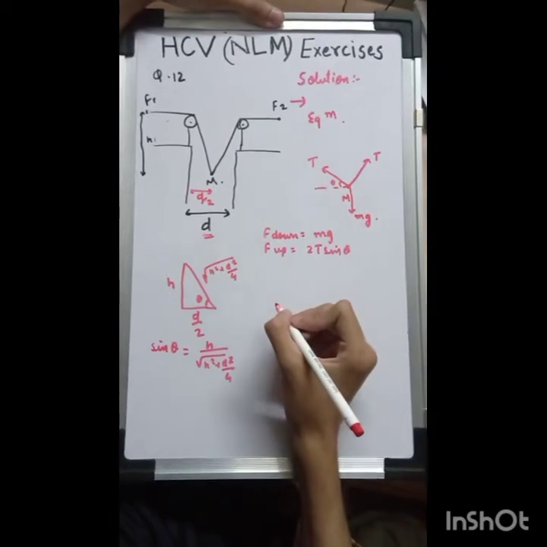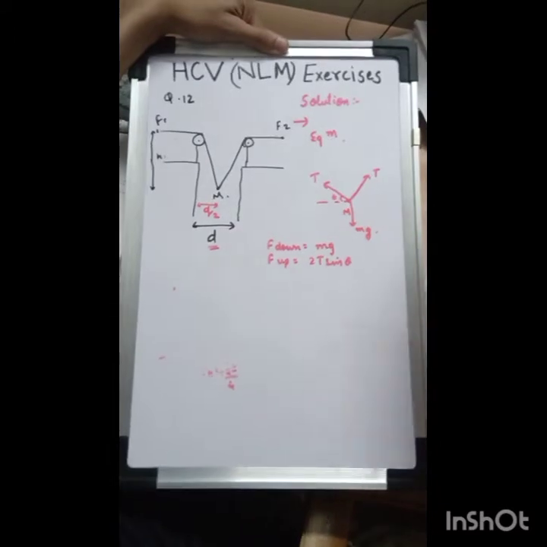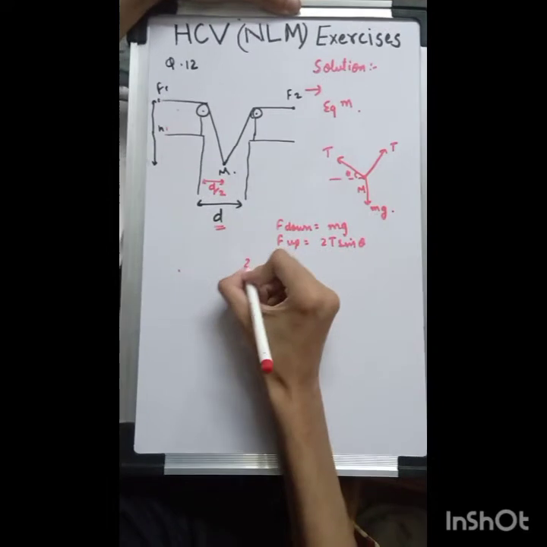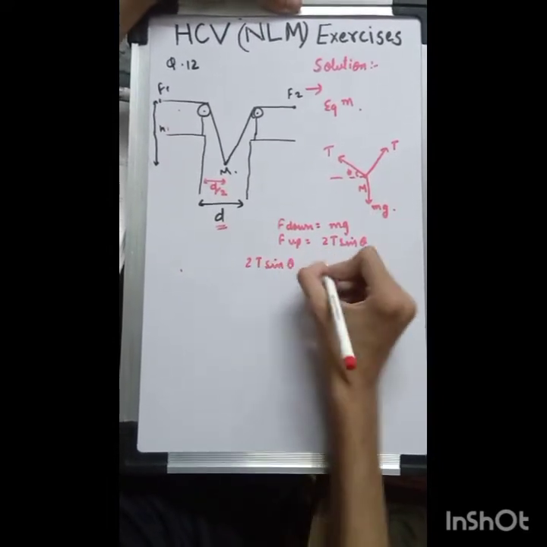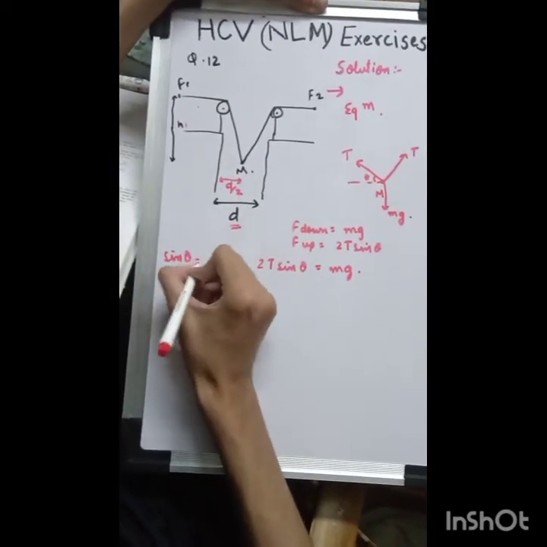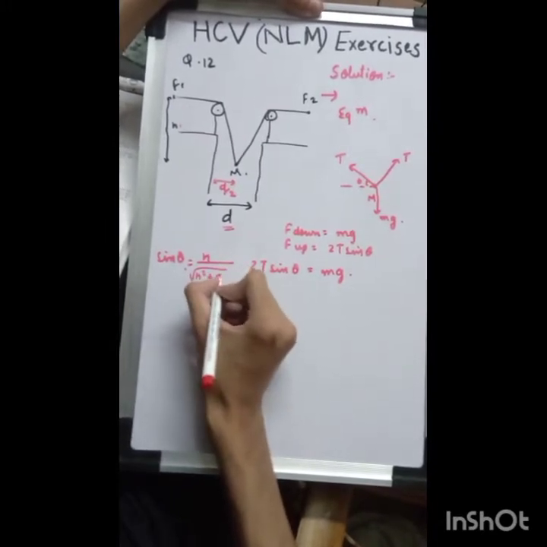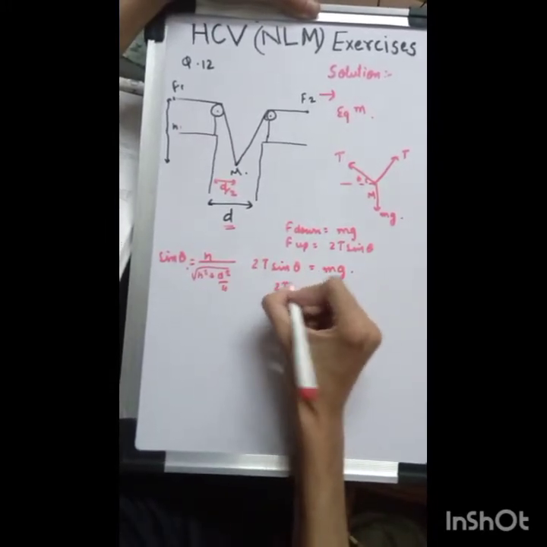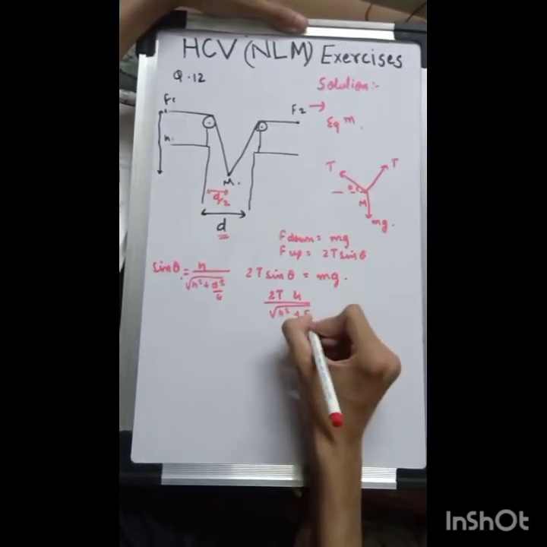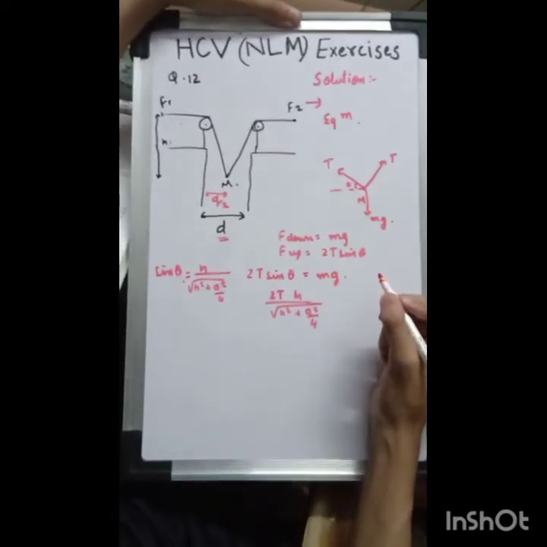Just as I have mentioned, we need to equate upward and downward forces, so here I can say 2T sine theta must be at minimum equal to mg, and sine theta is h divided by under root of h square plus d square by 4. So we can write 2T into h divided by under root of h square plus d square by 4 equals mg. Remember, mg will be constant, his mass is not changing.